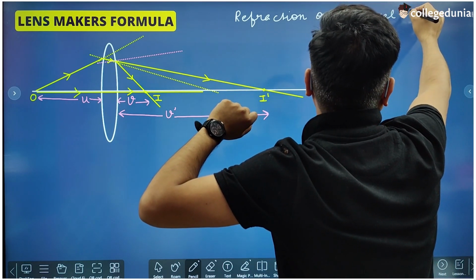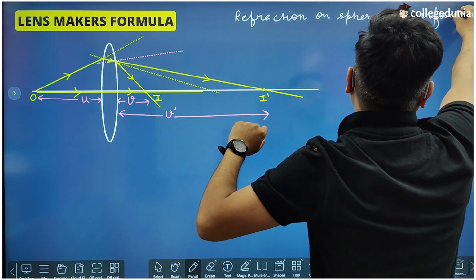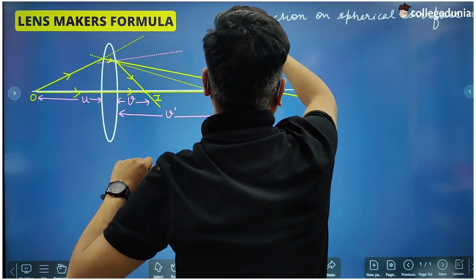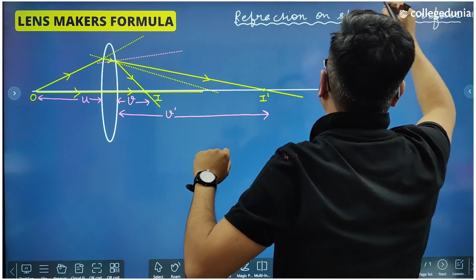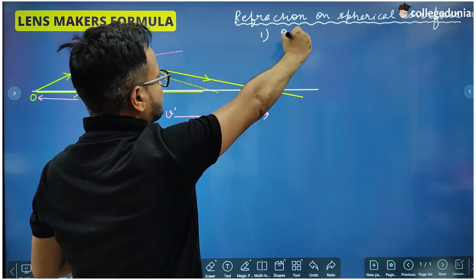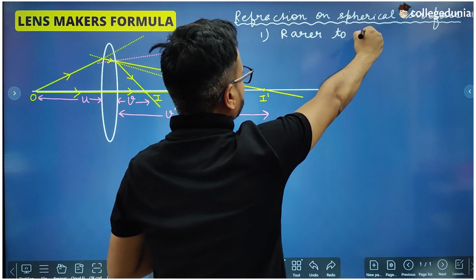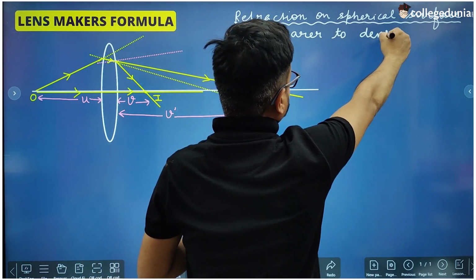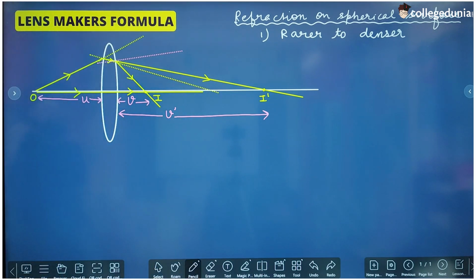So refraction on spherical surface, when light goes from rarer to denser.